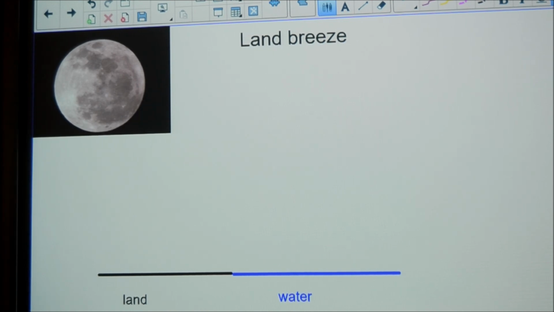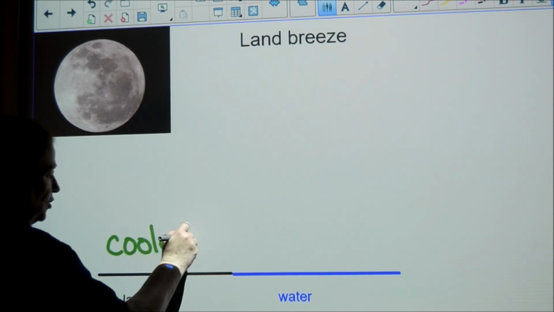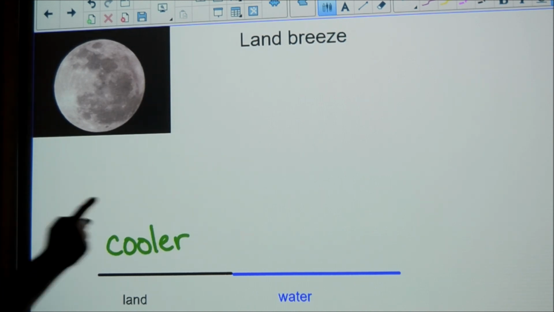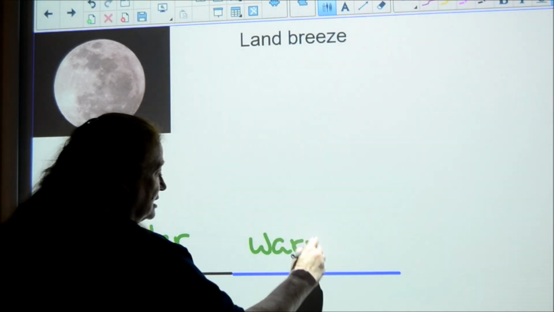So during the night, the air above the land is going to cool down. The water, having a higher specific heat, takes more energy and time to lose that heat. So it's going to retain its temperature. So it's going to be warmer at night.